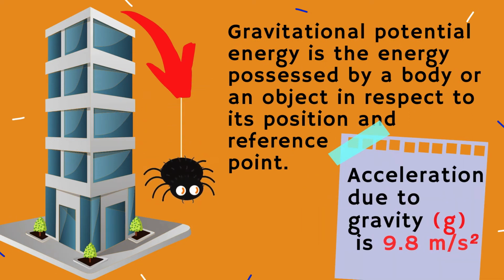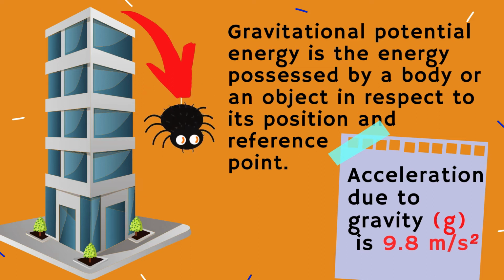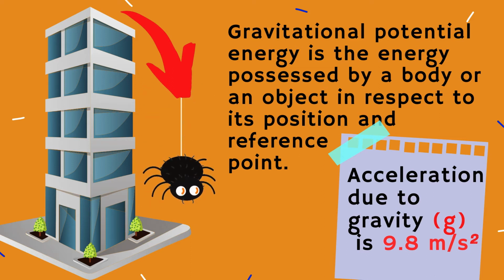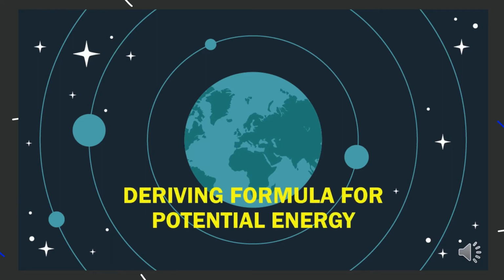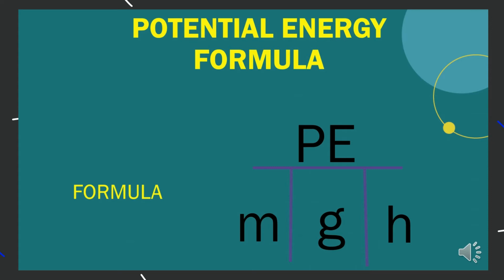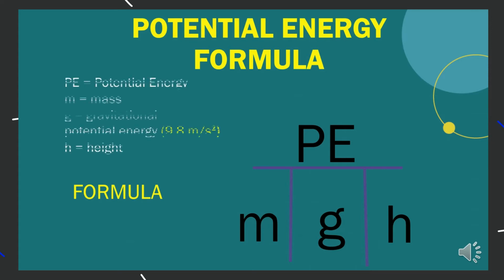Gravitational potential energy is the energy possessed by a body or an object in respect to its position and reference point. The acceleration due to gravity is valued as 9.8 meter per second squared. Let us observe how to derive the formula for potential energy.